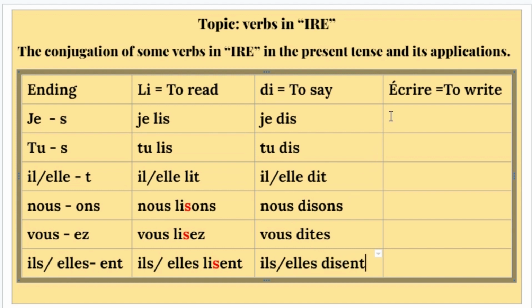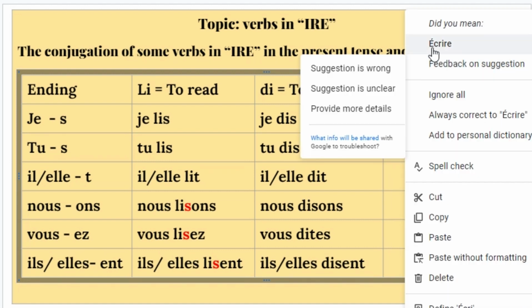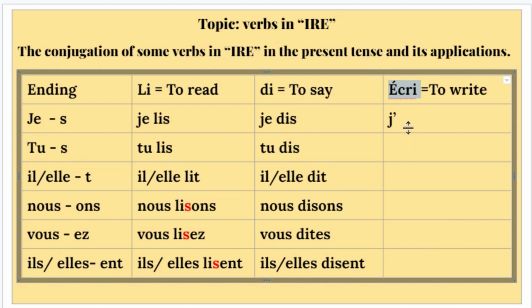Now we're going to écrire, the verb to write. Remember the rule: remove the RE as usual. Now we have j'écris.